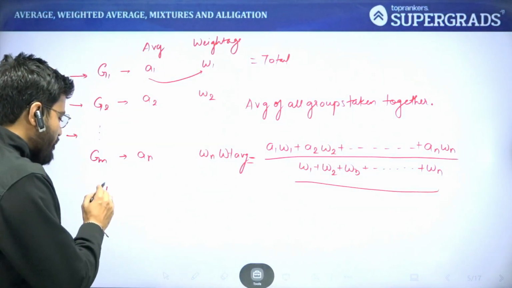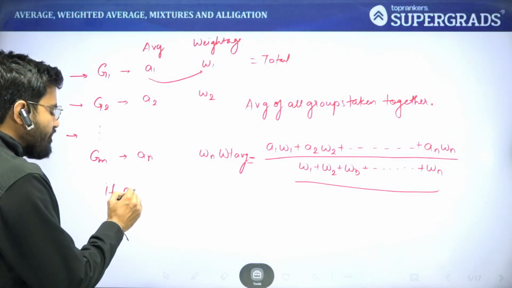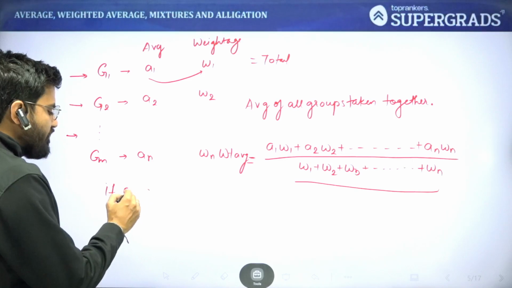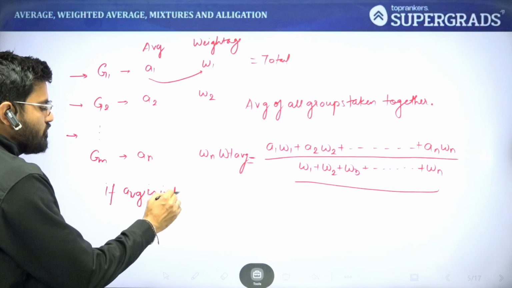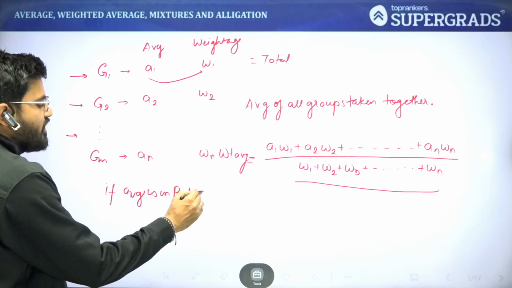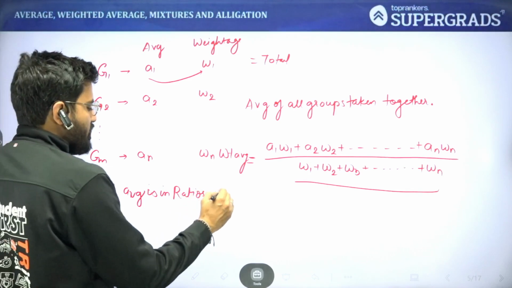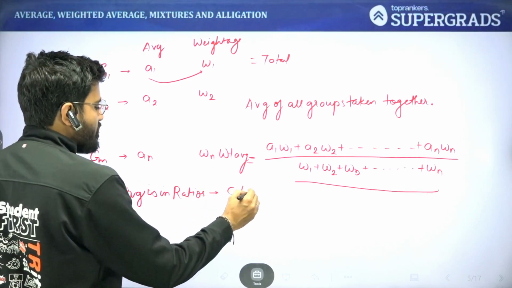Now, if the average is given in ratios, then the answer cannot be determined.